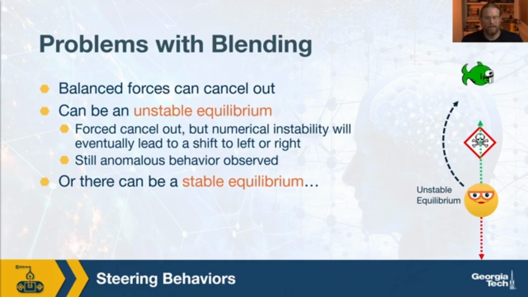There's going to be a tendency in an unstable equilibrium for the agent to slide just a little bit left or right, maybe related to numerical accuracy. And just a slight nudge one way or the other can then get the forces to no longer cancel out perfectly as zero, and the agent will begin to accelerate either to the left or right, depending on which way it starts to slide.